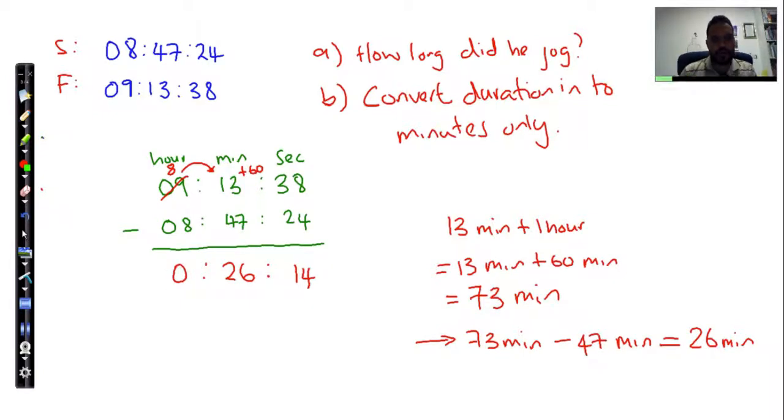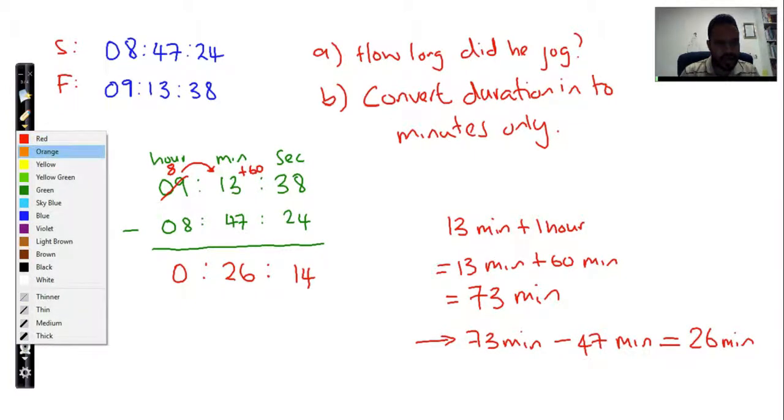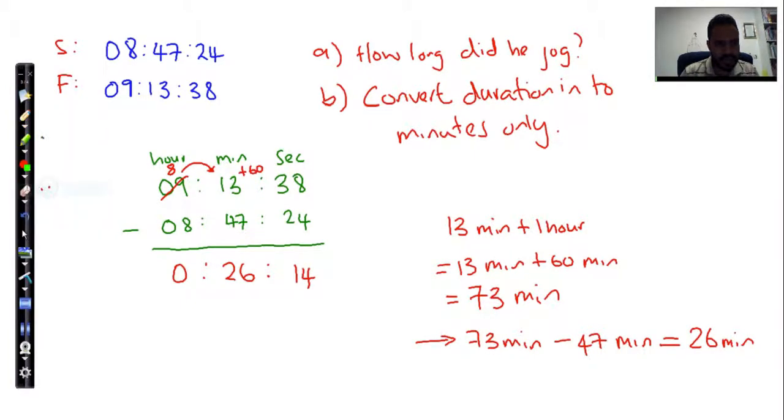So therefore, I can say that Johnny jogged for 26 minutes 14 seconds.